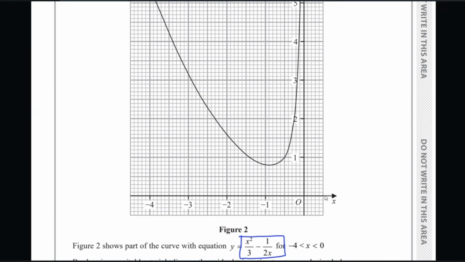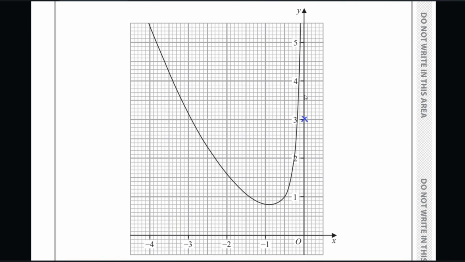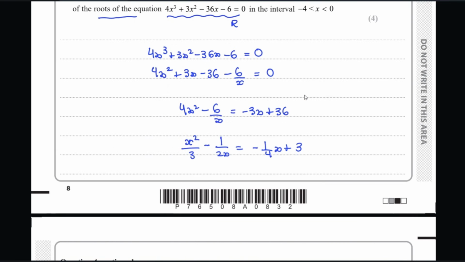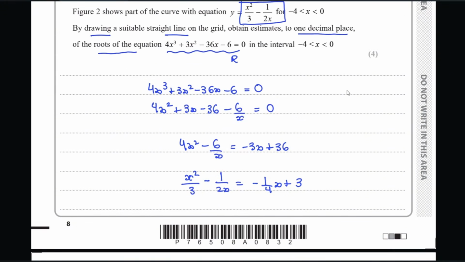So let's draw this. The y-intercept is 3, so let's put a cross on the y-axis where the value is equal to 3. And if the gradient is negative 1 over 4, we can say rise divided by run is equal to negative 1 over 4.